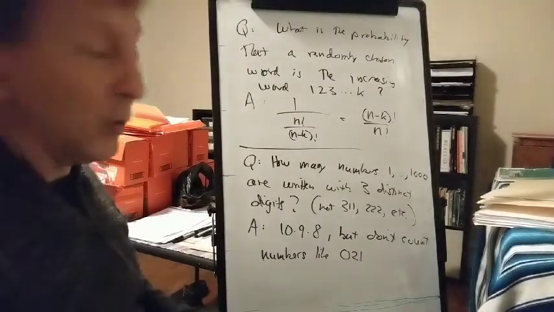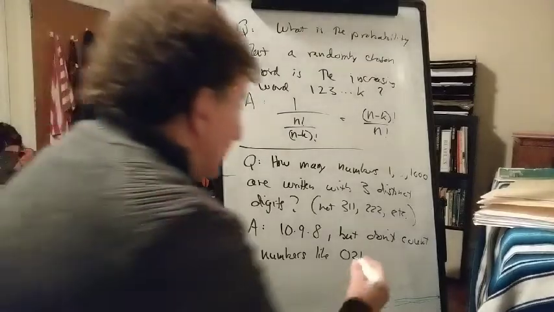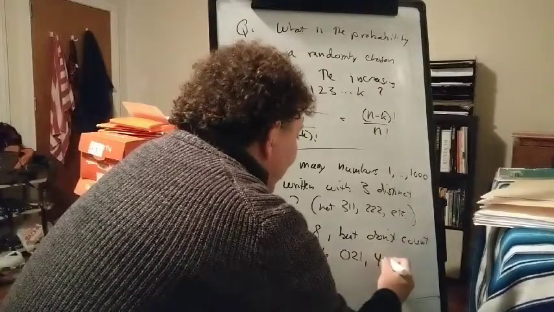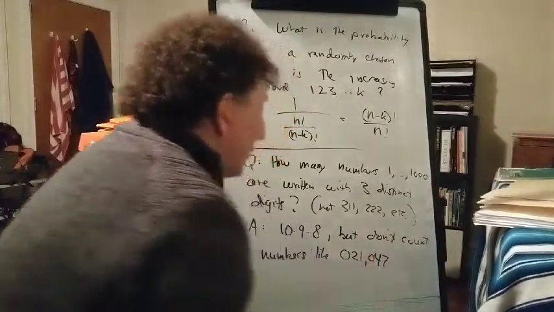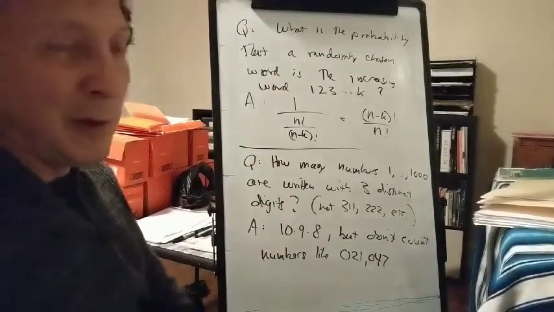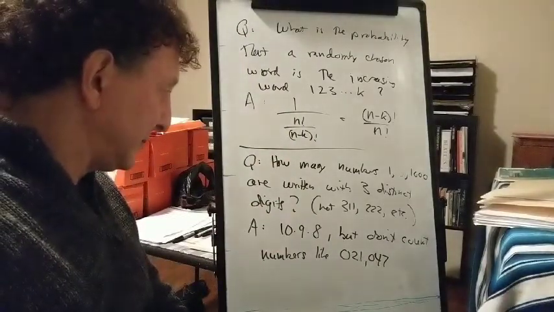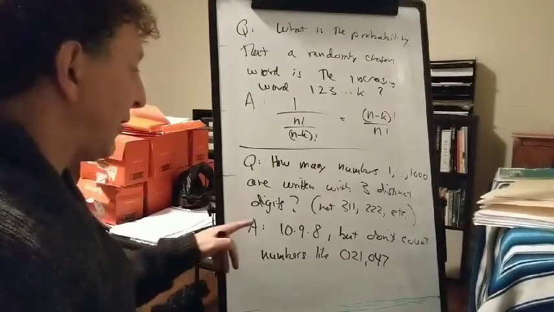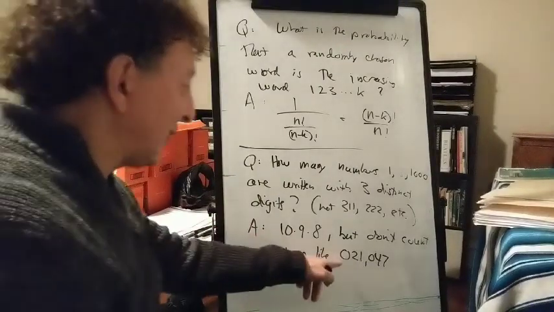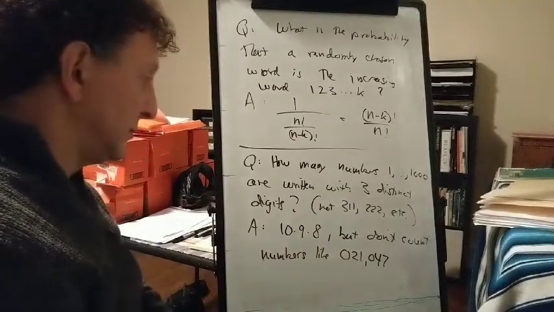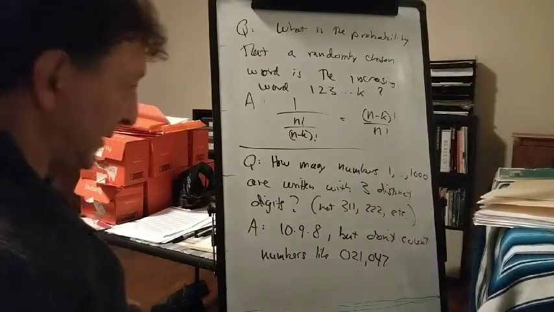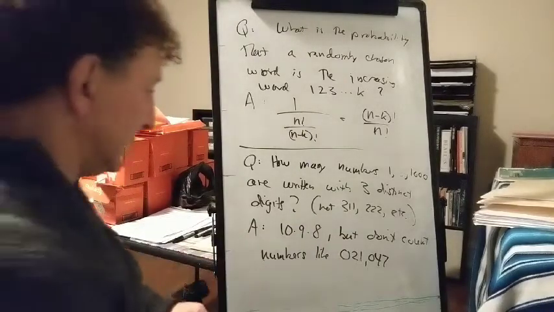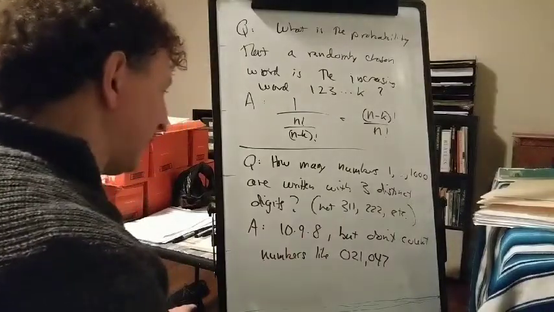We just write it 21. And we don't want to count 47 either, 0, 4, 7, because it's not really written with the 0 first. So we have to subtract off all the numbers that have 3 different digits and start with a 0. We don't want to count those. So how many of these are there?